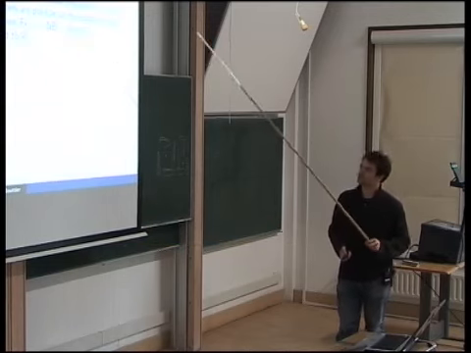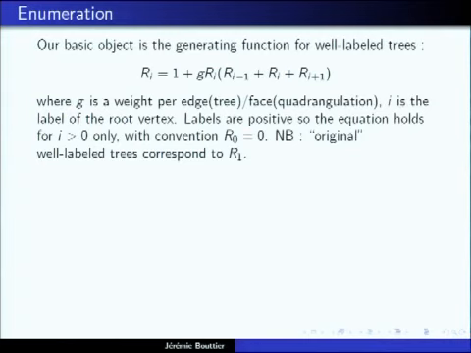If you want to do enumeration of these objects, the basic objects that you want to enumerate are well-labeled trees. Because of the constraint that the labels must vary by 1, 0, or -1 on every edge, you can quickly write a recursive decomposition of these well-labeled trees.